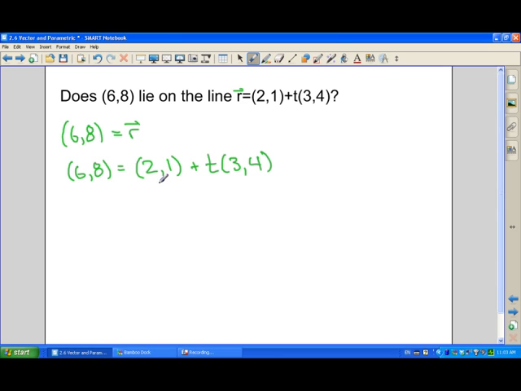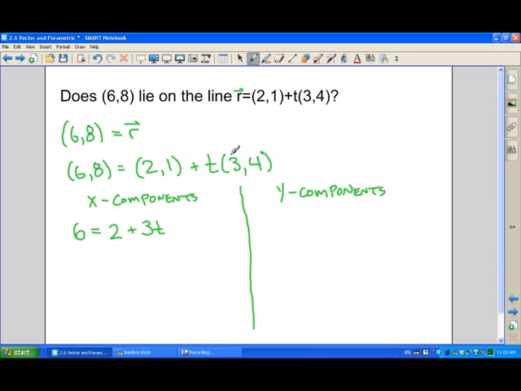And now to solve this, I'm going to break this up into x components and y components. So my x component, my x coordinates, is going to be 6 is equal to 2 plus 3 times t. So I distributed the t into the brackets.